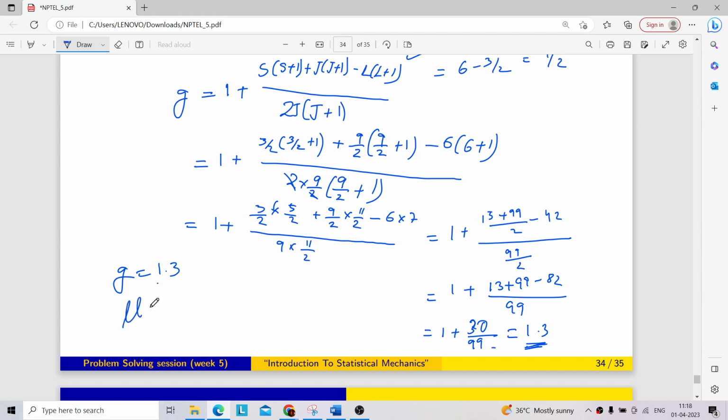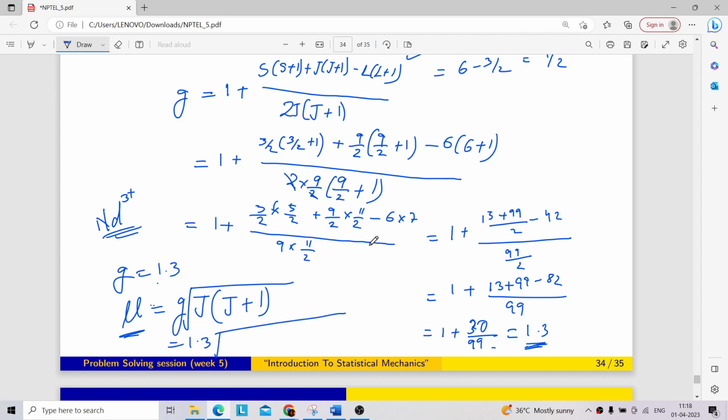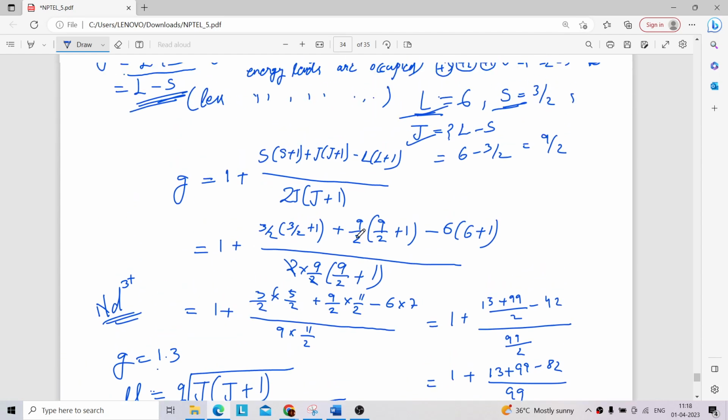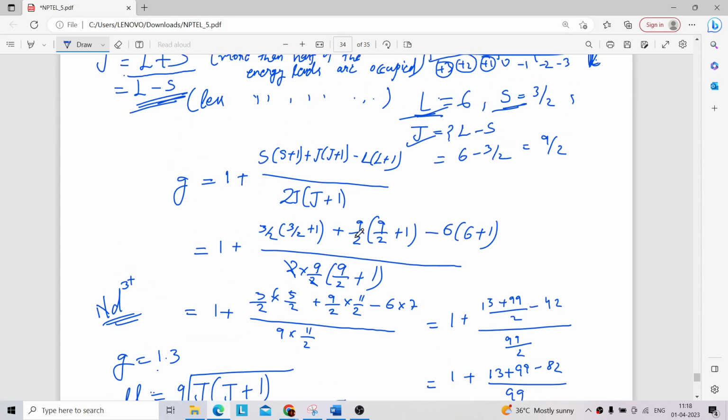Then I have to calculate the magnetic moment for this ionized atom Nd3+. So for this, what is the magnetic moment? The magnetic moment is G times root over J into J plus 1. So G I have 1.3, and J I have... oh, that's the mistake.